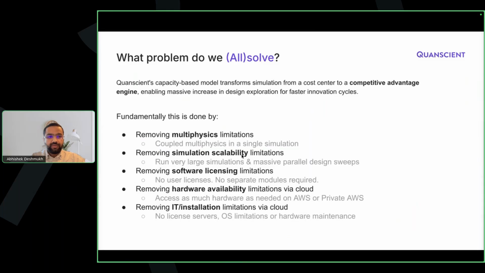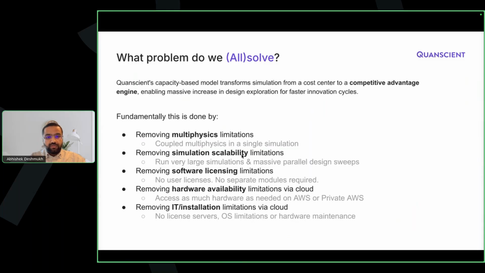I'll keep it brief. We are doing this mainly by removing limitations in multiphysics. Then we are removing limitations in simulation scalability by providing the infrastructure to run large-scale simulations, algorithms to be able to scale them well, and run a large number of such simulations at the same time.